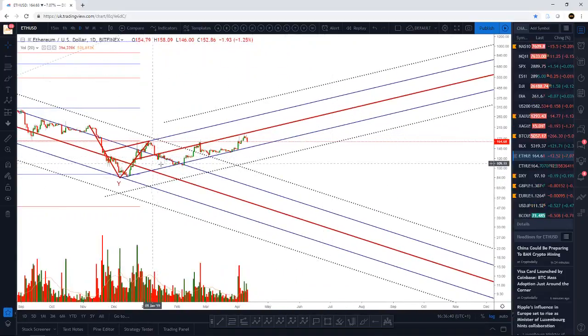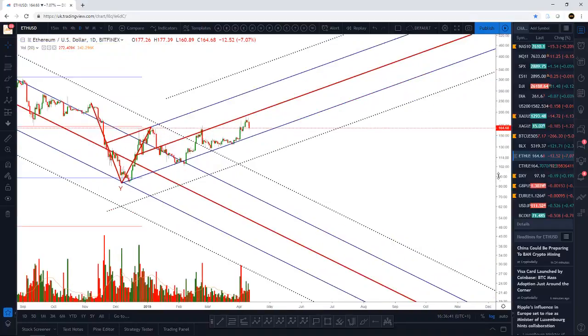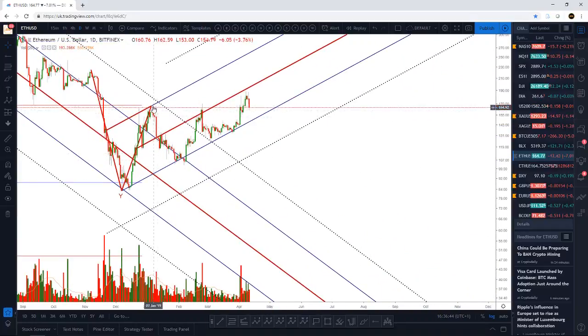If we zoom in a little bit, you can see we came down to the median line, then we broke through, retested, came down to the lower median line, all the way back up to the median line, then down to the lower median line, and now we kind of got front run here with price rolling over just before it hit the median line again.